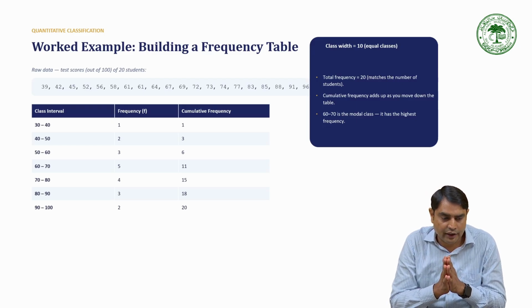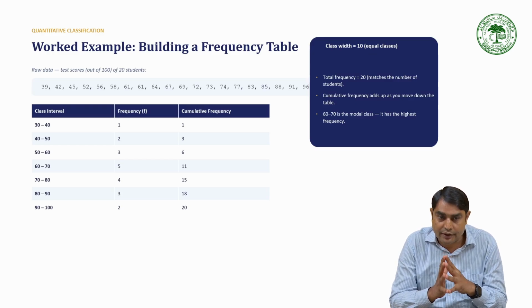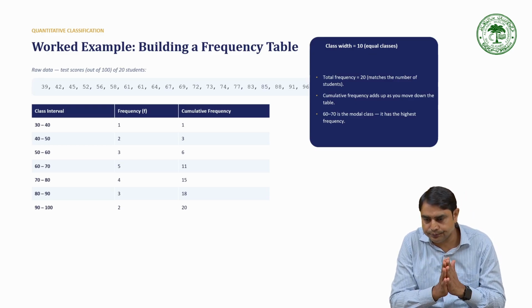So in this case, I created a class interval because the lowest value is 39. I have taken the lowest value as 30 and the highest value as 100, right? And then I have created class intervals with a difference of 10. So class difference is 10.